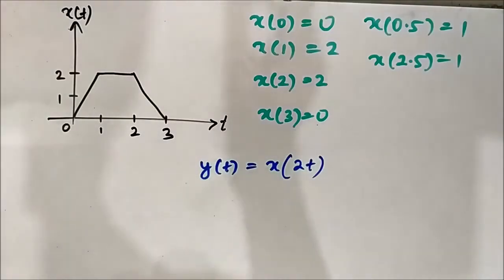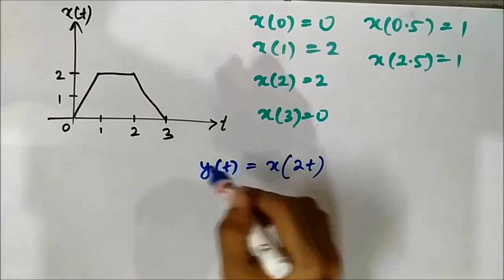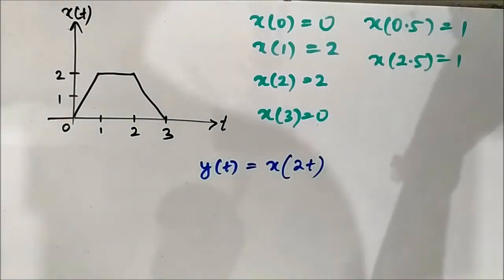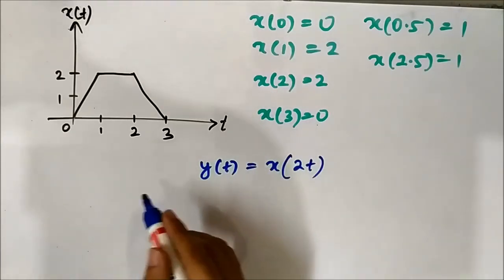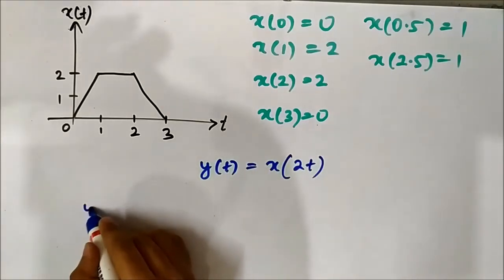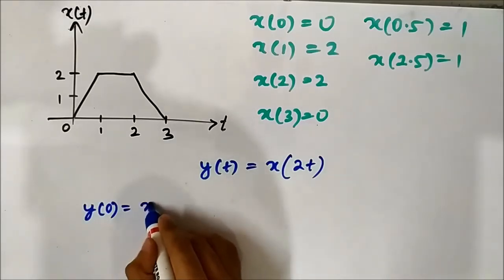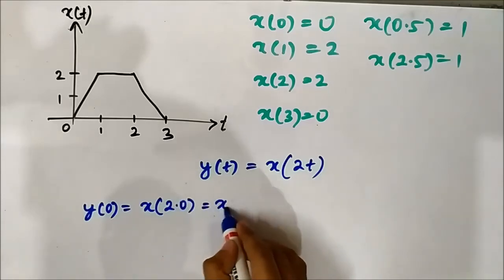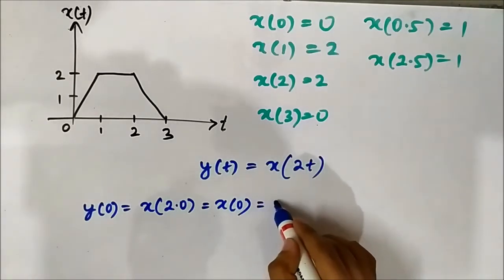So now we have to determine the values of y(t) at different time instants, such as t equals 0, 1, 2, 3 and all that. Let us start with t equals 0. So y(0) will be equal to x(2 times 0), equal to x(0), which is equal to 0.